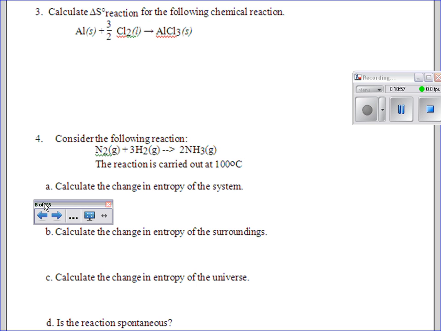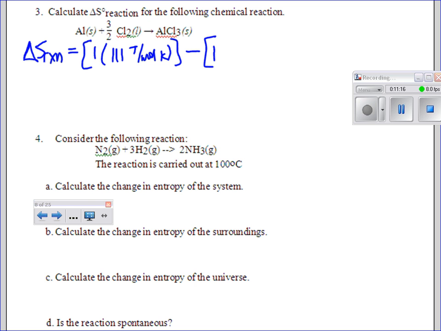And we're going to start where delta S of our system, our reaction, is equal to products: 1 times 111 joules per mole Kelvin, minus 1 times aluminum solid, 28 joules per mole Kelvin, and I'm getting this from that little table, plus 3/2 times that Cl2 gas, which was 223 joules per mole K.